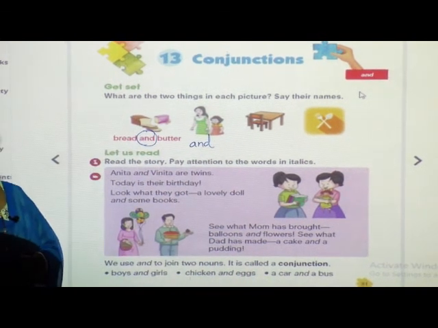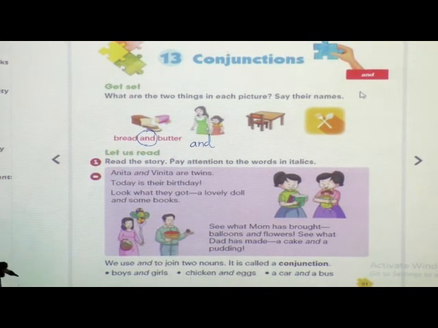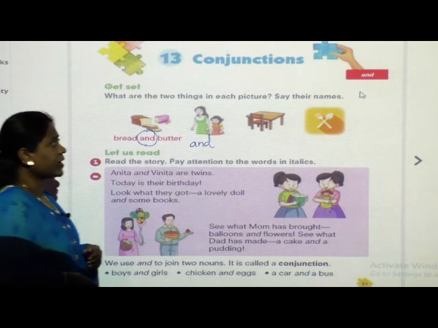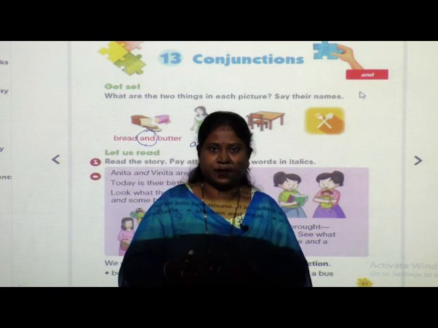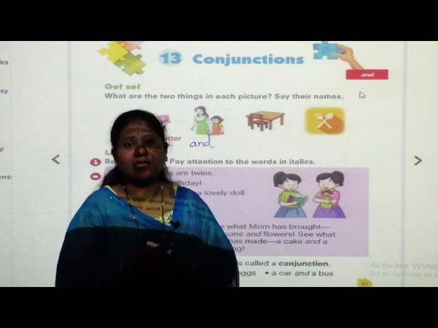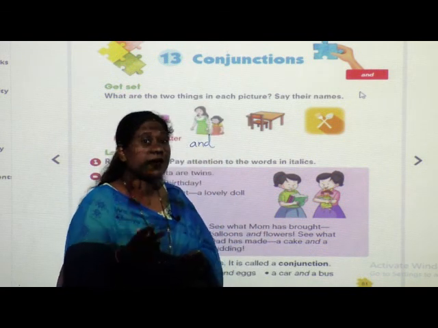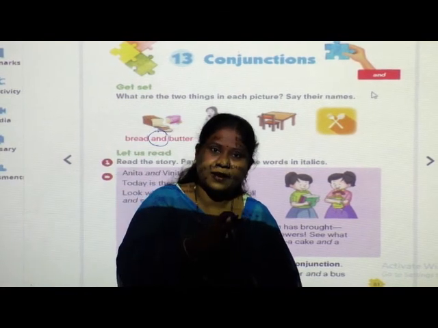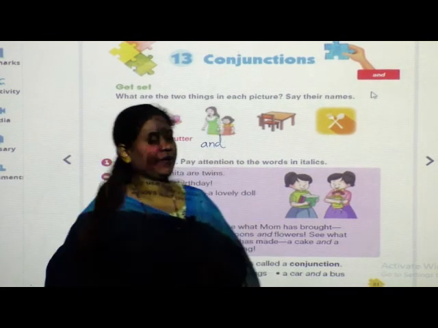Mother and daughter. So and here is a conjunction. Okay, in the next picture you can see chair and table. Right children, can you see table and chair? Here again we are using and, table and chair.